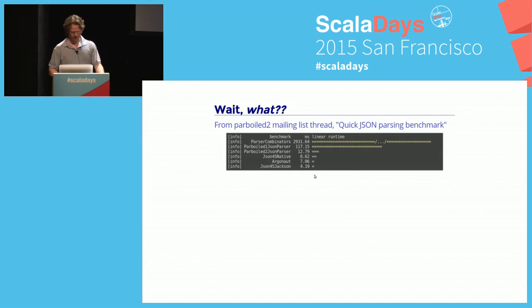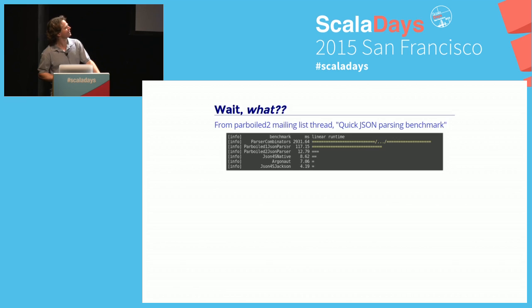First of all, I just want to highlight that this is not what you normally see when you're doing parsers. For example, here's a benchmark from somebody, I think it was Matthias, but I have forgotten, on this thread on the parboiled2 mailing list. And so here are parser combinators. They take forever to parse stuff.